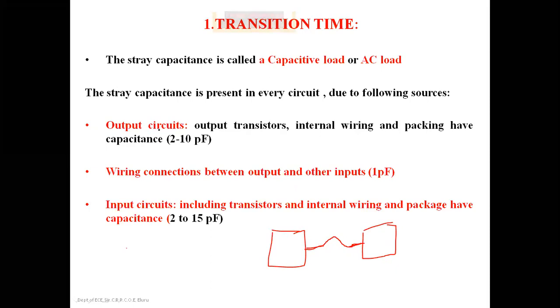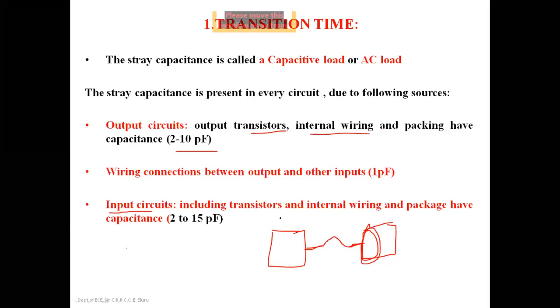See here, for the output circuits: the output transistors, the internal wiring of those transistors, and the packaging of the devices realize the output stray capacitance, which is in the order of 2 to 10 picofarads. Similarly for the input circuit: when the output is connected to the next stage input, the input transistors come into the picture.